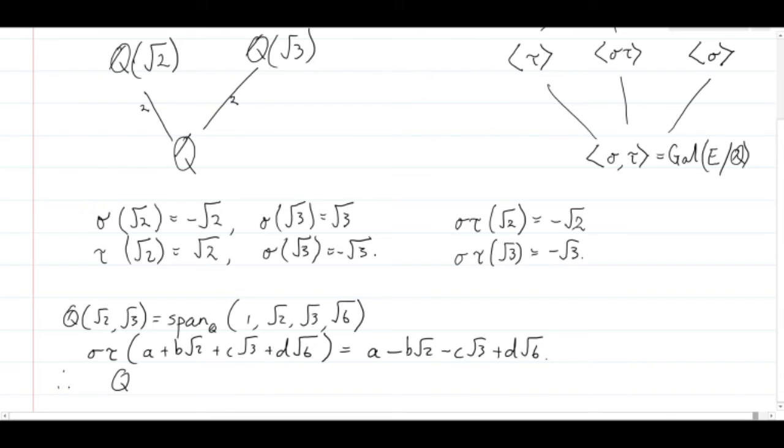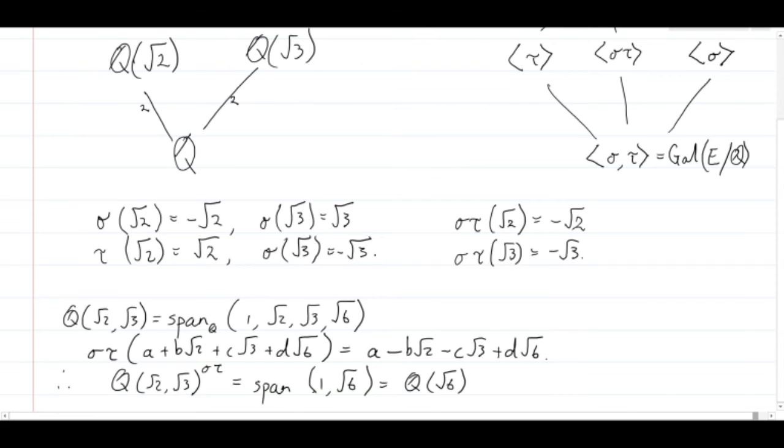That is, the fixed field of this big field under the element sigma tau is exactly the span of the elements 1 and square root 6, and that is exactly the quadratic field.